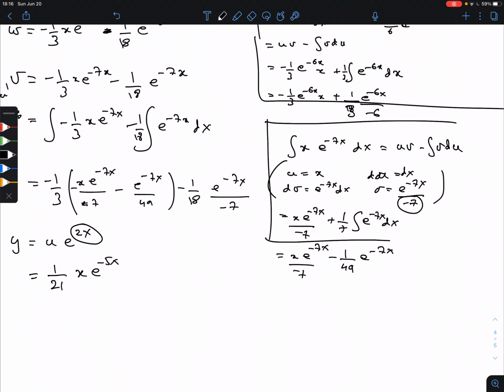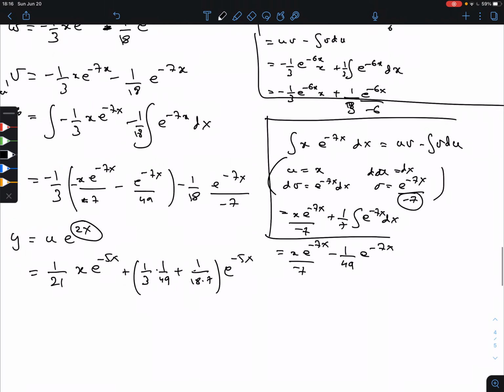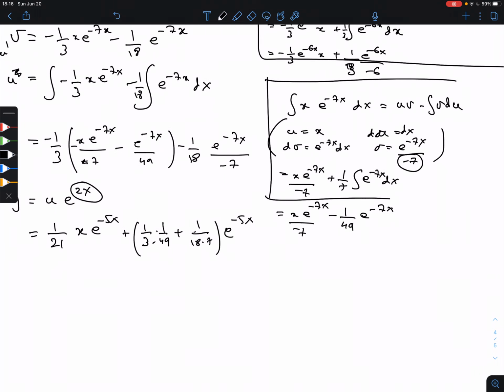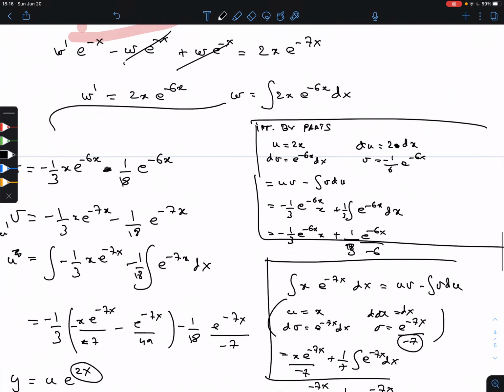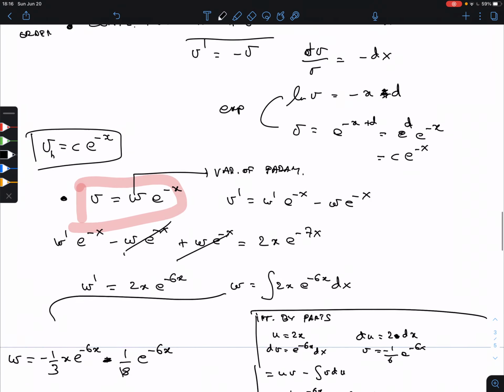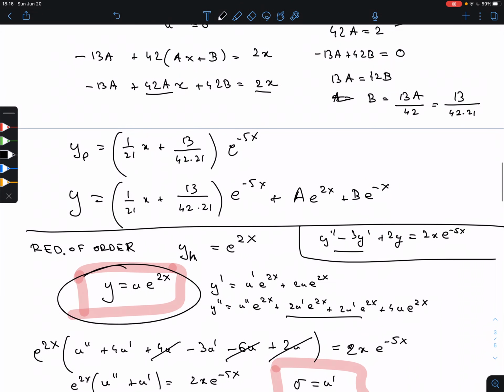So what are the coefficients here? One of the coefficients is 1/3 times 1/49, and plus 1 over 18 times 7, and that is e to the minus 5x. Perhaps put it on a common denominator here. Well, okay, that is my y, and let's see what my solution is.